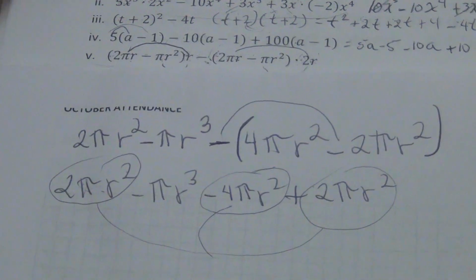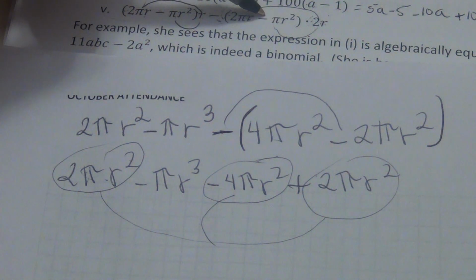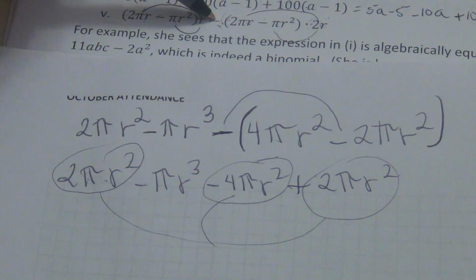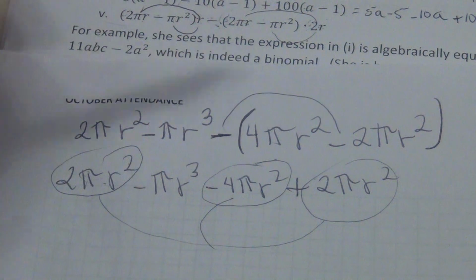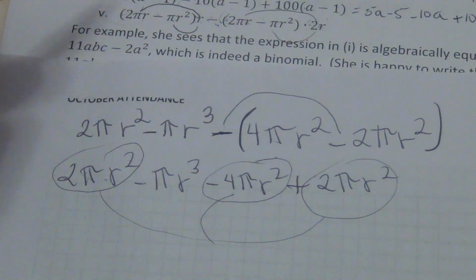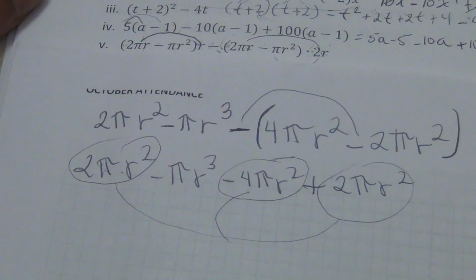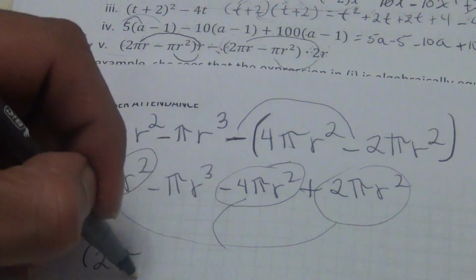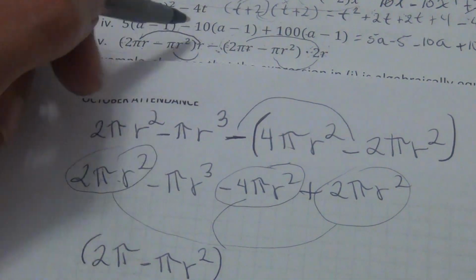We got issues here. Something did not come out right. Minus 4 pi r squared. Okay, something is not right. So you know what? Easy. If it's not right, I'm gonna have to rewrite the expression. 2 pi r minus pi r squared, okay, times r.